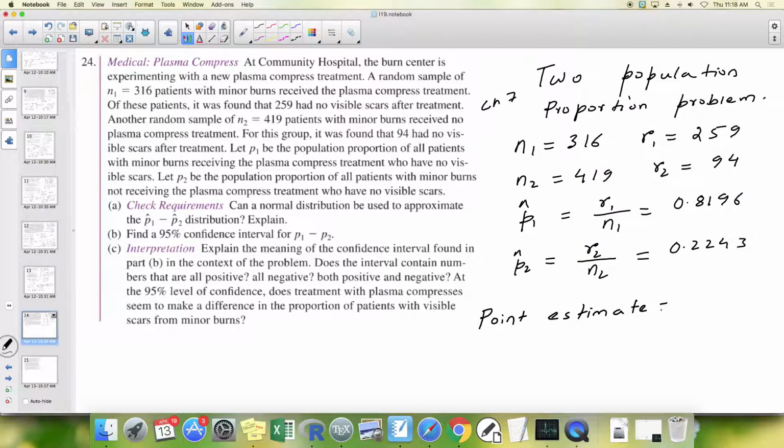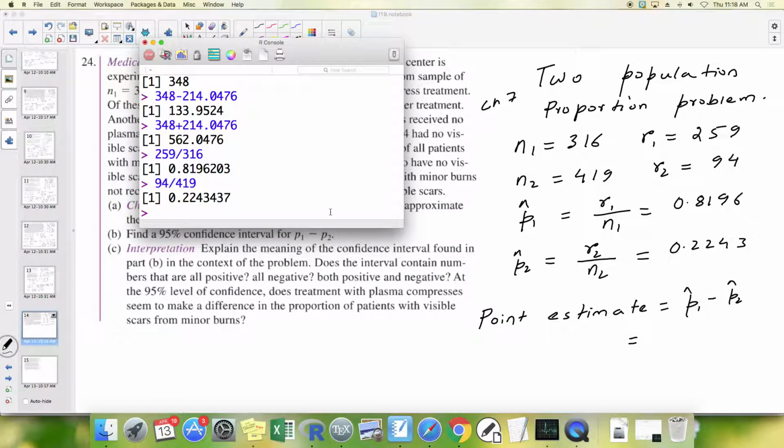The point estimate is P1 hat minus P2 hat. So 0.8196 minus 0.2243 is 0.5953.